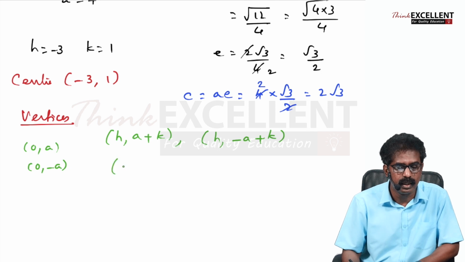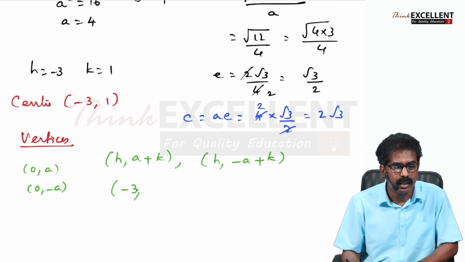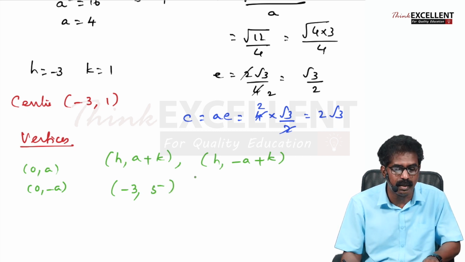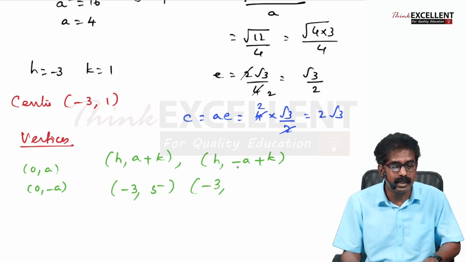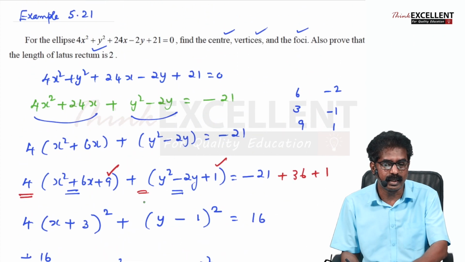Substitute the values. H value minus 3, right? So minus 3. A plus k, a value 4, 4 plus 1 is 5. So minus 3, comma 5, and h value minus 3. Now minus a plus k, minus 4 plus 1. So it is minus 3. So this is the vertex.